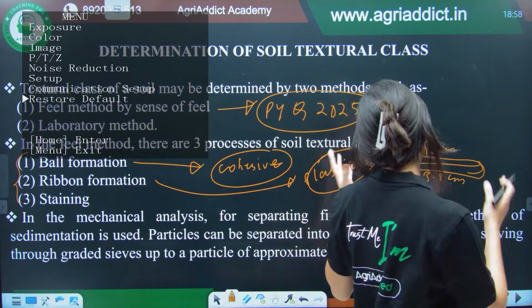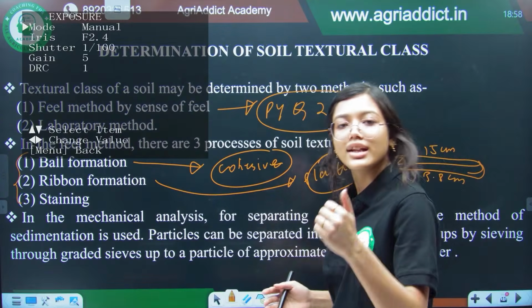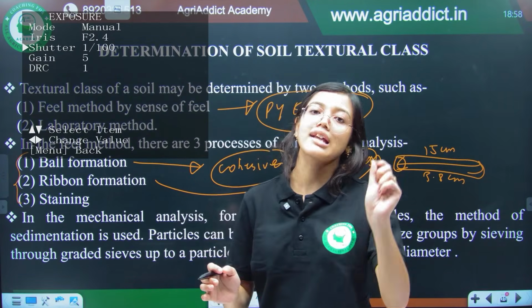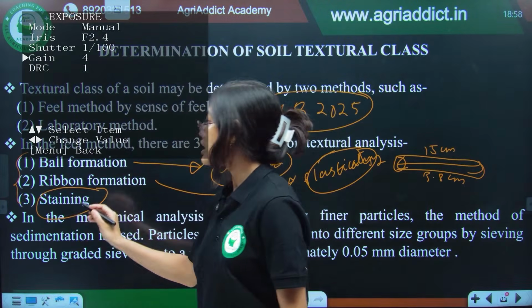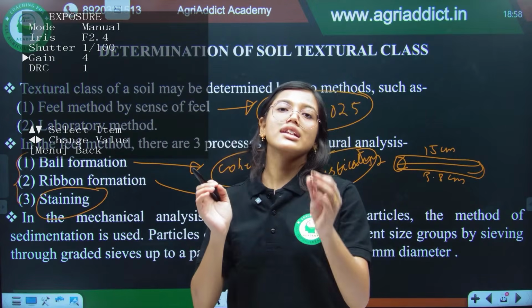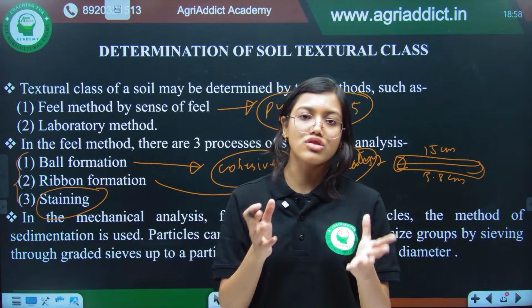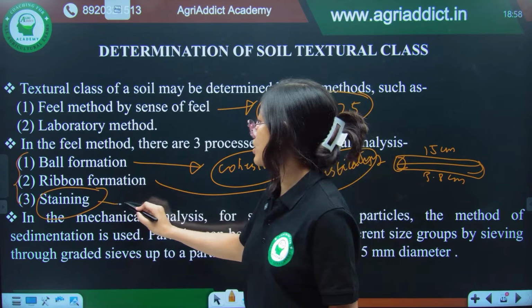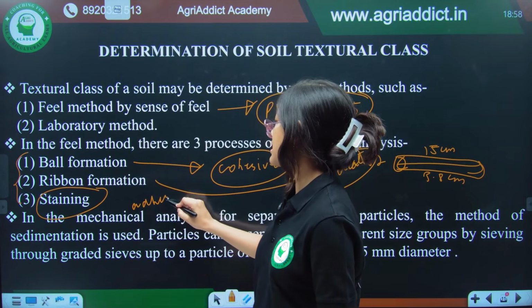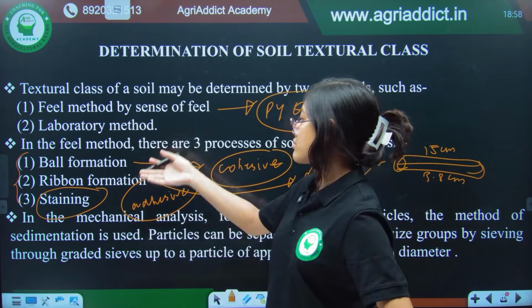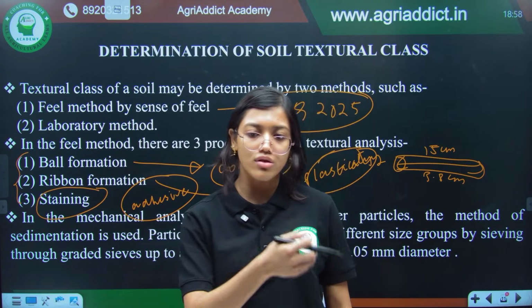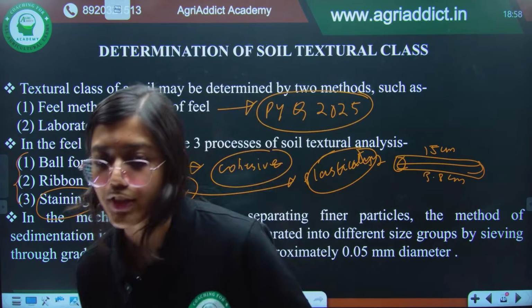That will tell you that the soil is plastic enough, which means it has a significant percentage of clay. And in case of the staining method, the soil either stains your equipment or your hand. That will indicate your soil has greater adhesive properties. So in these three different processes, you can feel your soil with the help of the feel method.